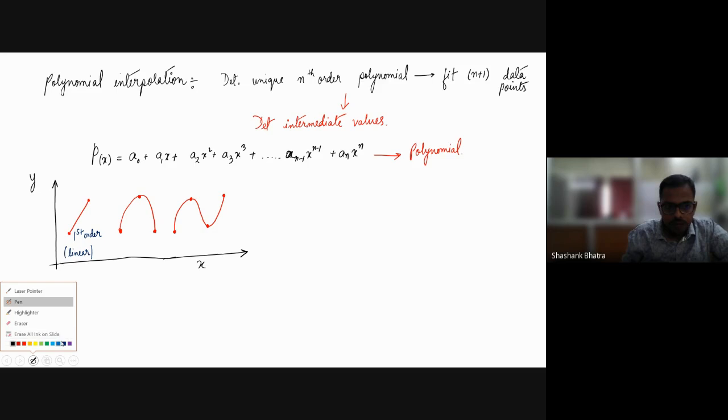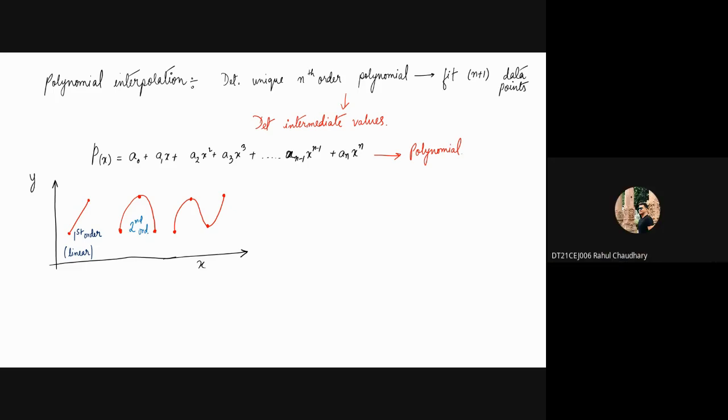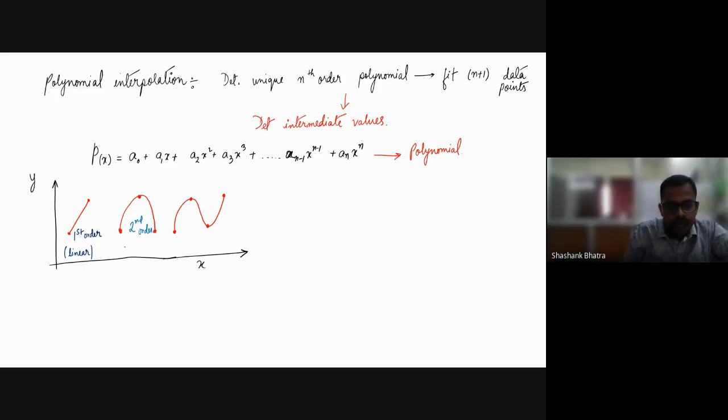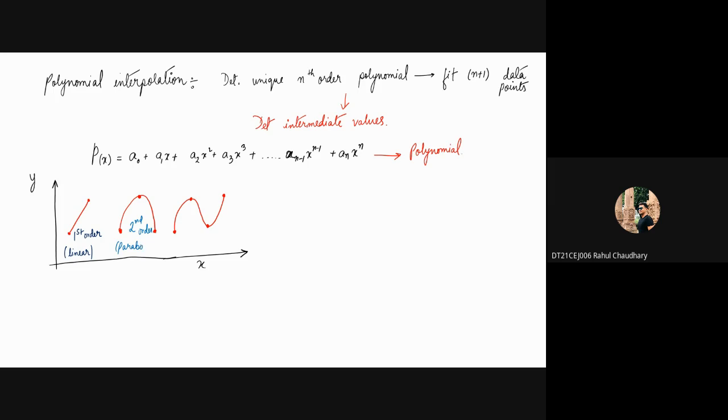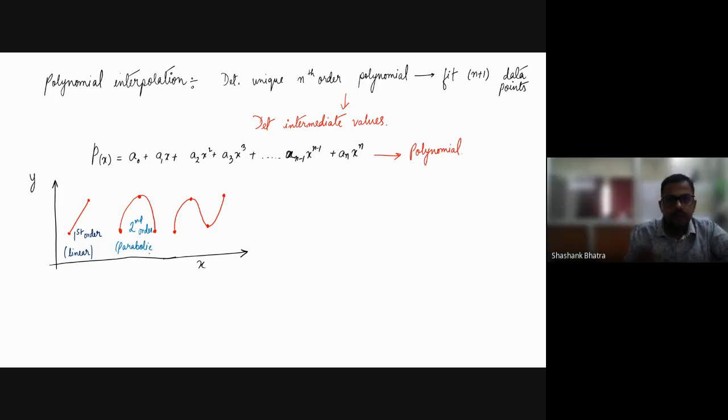And what will it be? It will be a second order, and you can write it as parabolic. The term will be your x squared, right?